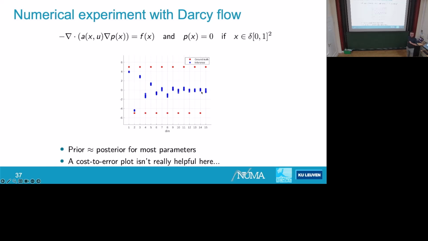Everything that I'm telling you is how we can estimate high-dimensional parameters, high-dimensional functions, from rich data using high-resolution finite element models, so very expensive computations. And we can get these posterior distributions efficiently. That's what I've told you so far. The posterior distributions that we get seem to be the prior for anything except for the first few KL modes.